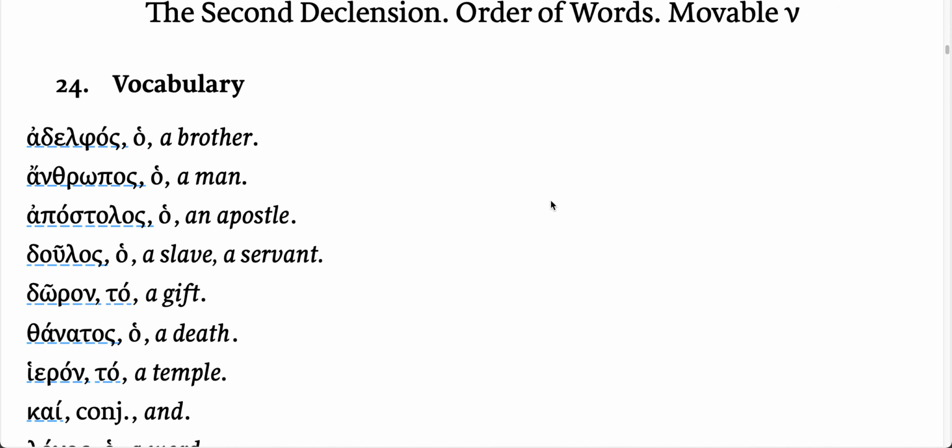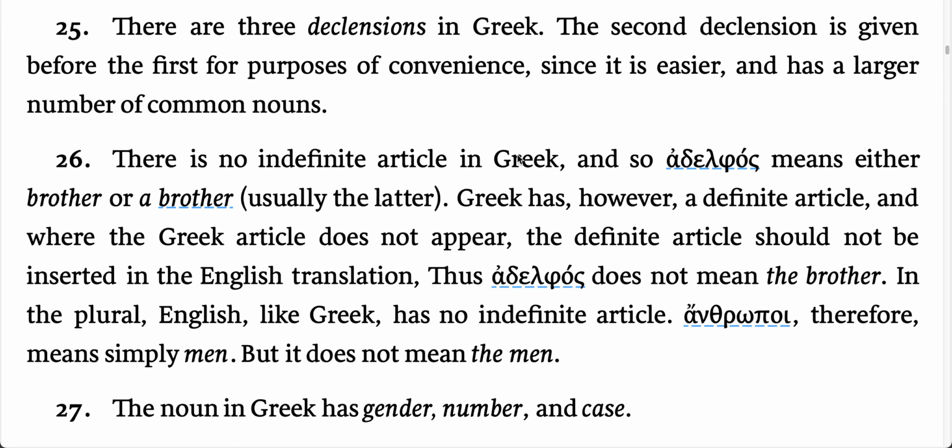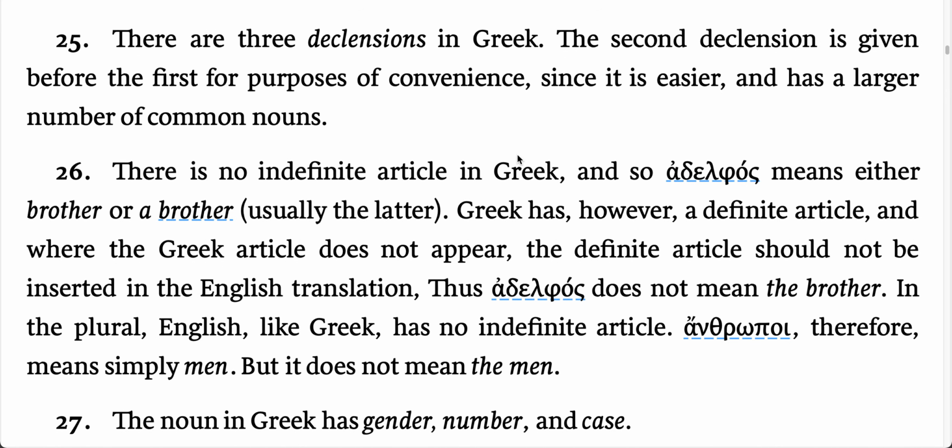Now, remember, in every lesson moving forward, there's always going to be a vocabulary section. I'm going to come back to this later, but I want to begin the process of introducing us to nouns and what nouns are, specifically in terms of the Greek grammar. So there are 3 what we call declensions in Greek.